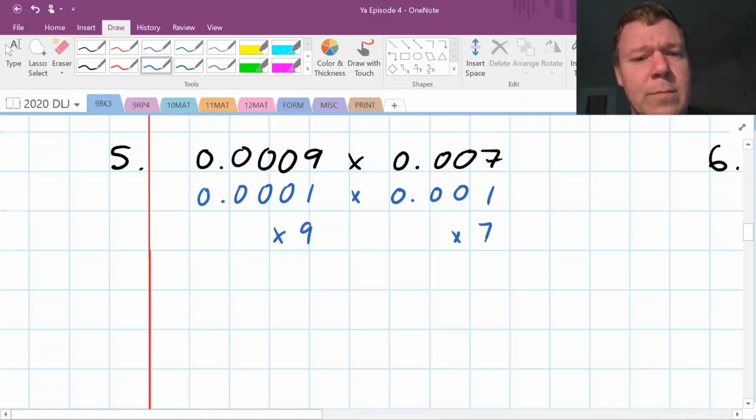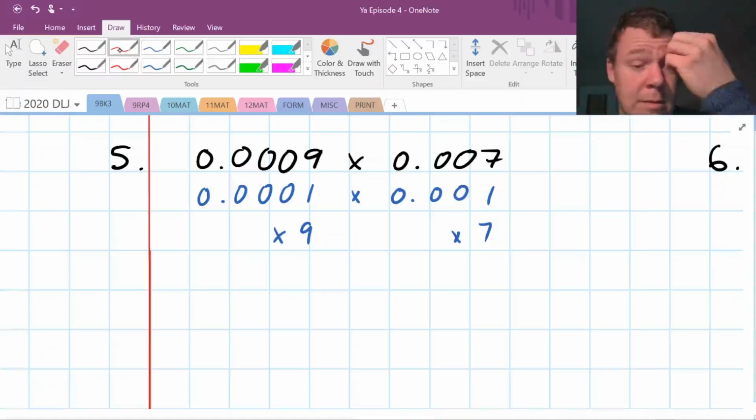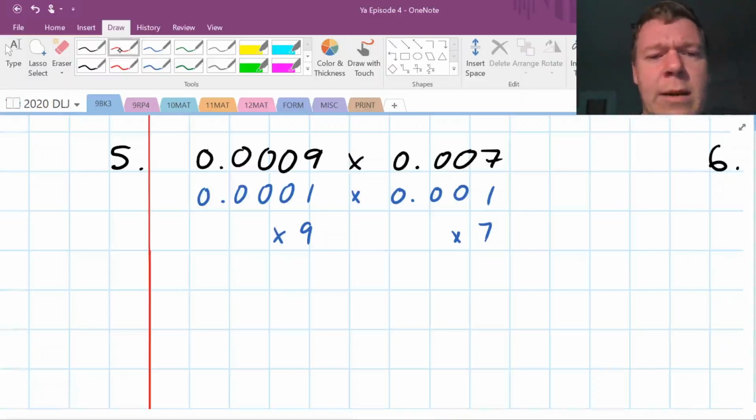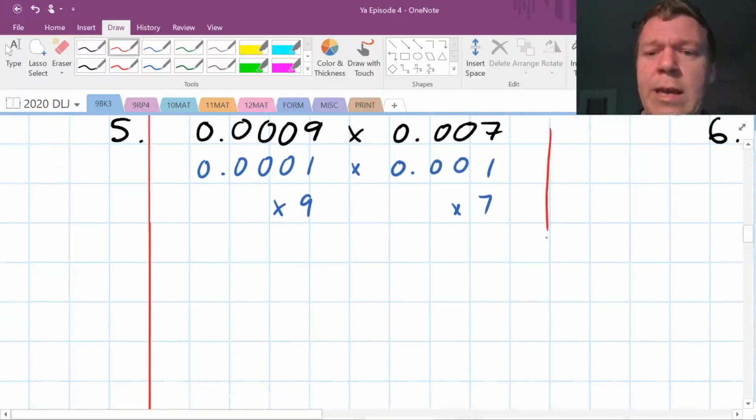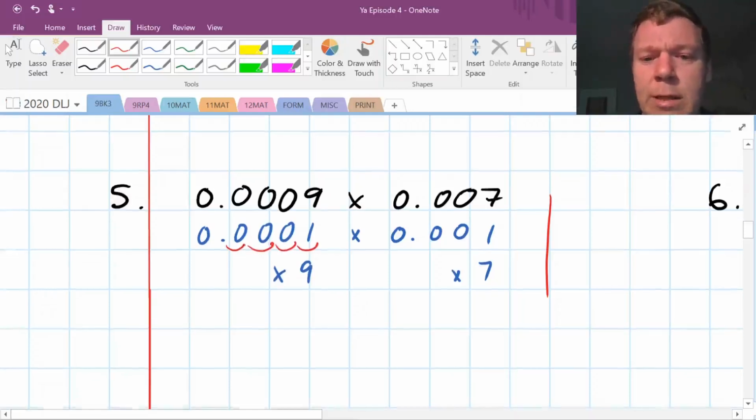Okay, so now we can just make a little column over here to see how much we want to move our numbers by. So we're going to have 1, 2, 3, 4 jumps there, plus 1, 2, 3. So 7 jumps altogether.